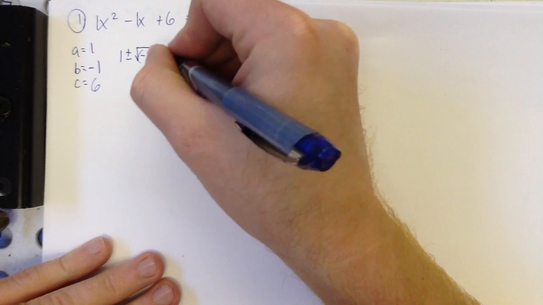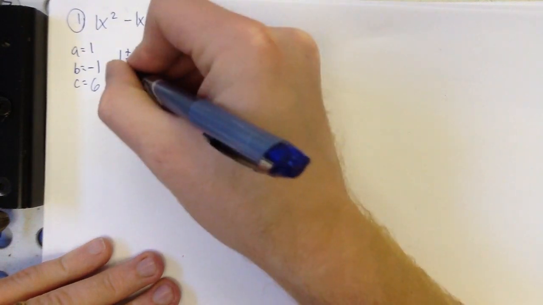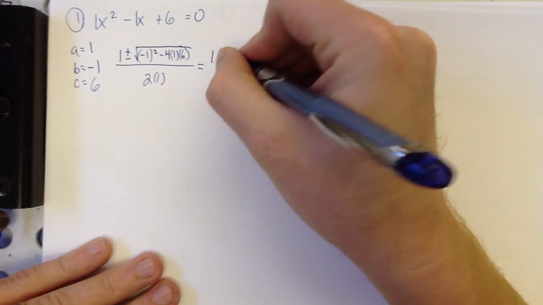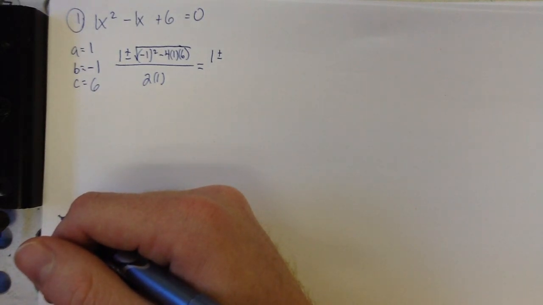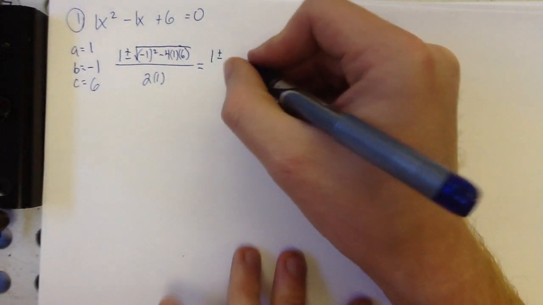And then negative 1 squared minus 4ac all over 2 times a. And again, you'll notice that I'm going to go a lot faster with the work now compared to the first example I showed you. I really wanted to take it slow and break it down for you. Now I'm just making sure you know how to get to the answer.